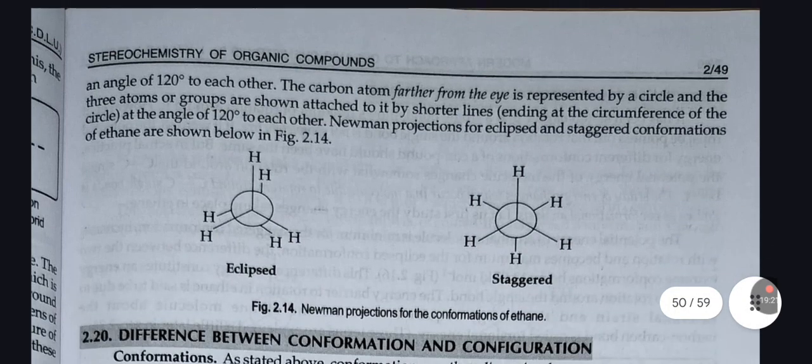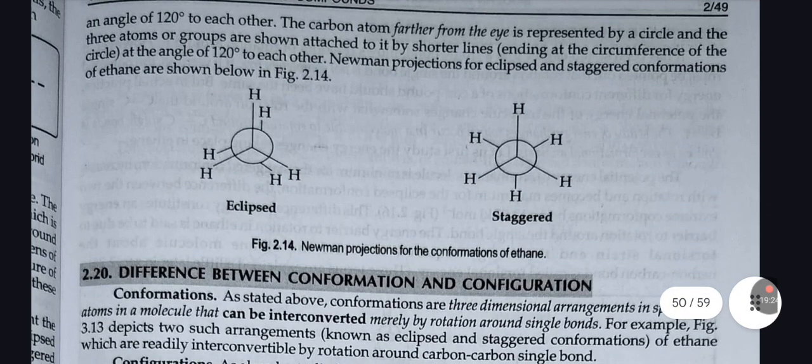The carbon atom further from the eye is represented by a circle, and three atoms or groups are shown attached to it by shorter lines ending at the circumference of the circle at an angle of 120 degrees to each other. Newman projections for eclipsed and staggered conformations of ethane are shown in figure 2.14.